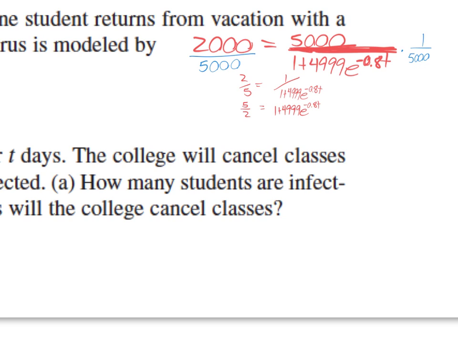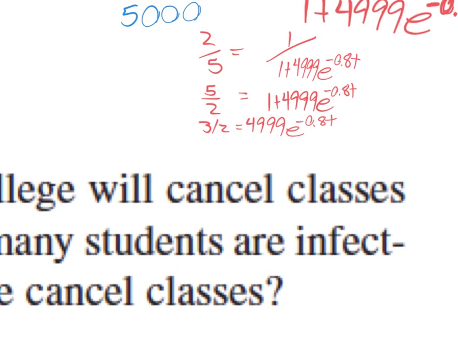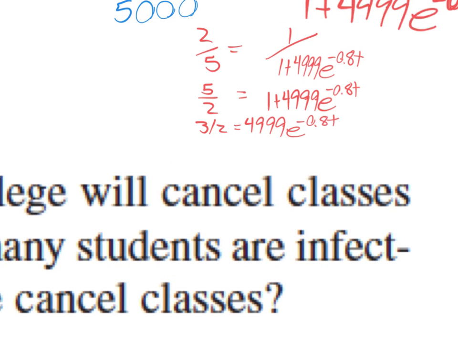You can just subtract the 1, so now we have 3 halves. Then you divide by 49.99. So what's 3 halves divided by 49.99? It would be 0.03000600.